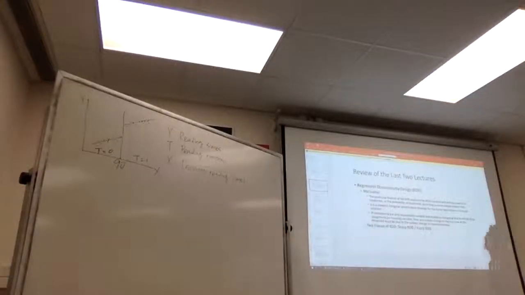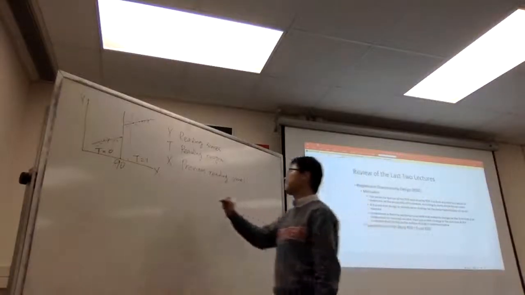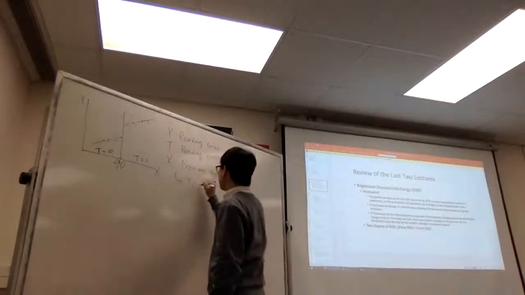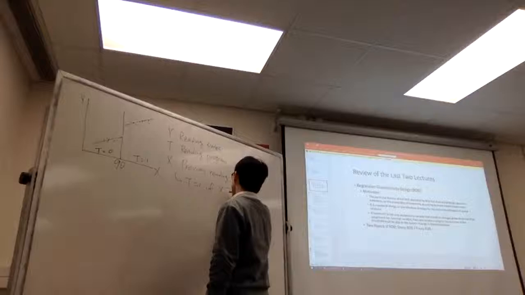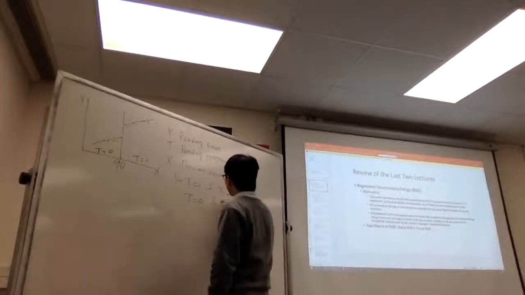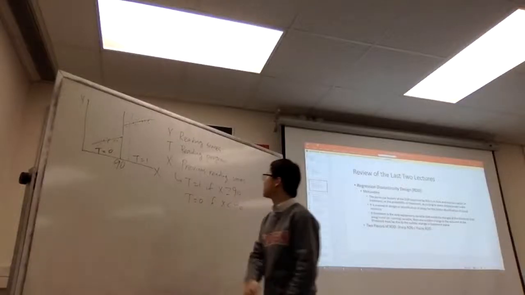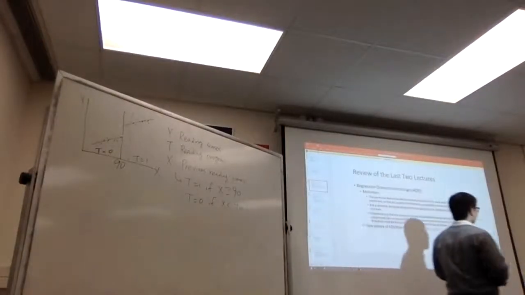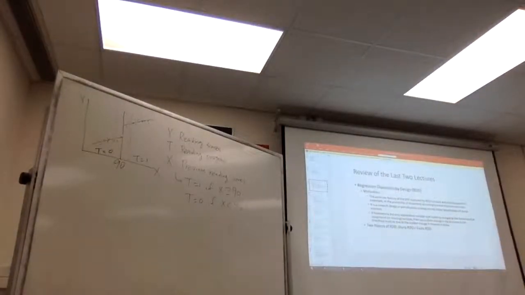So more formally, it's noted as T is 1 if X is at least 90% and treatment is 0 if X is less than 90%.